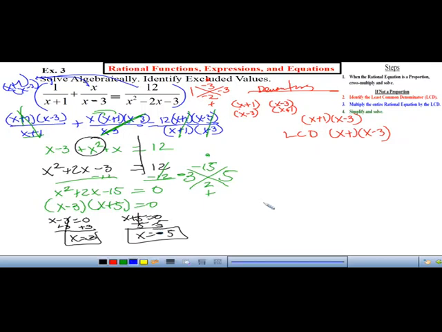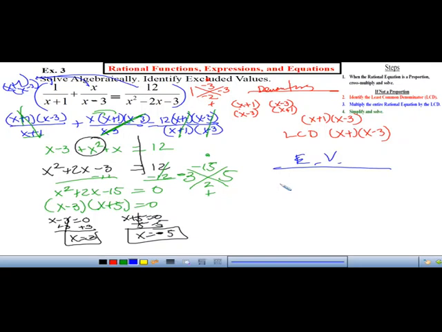Let's go to the excluded value. Then we go to write. Ivan, go. What do I write? All right, good.